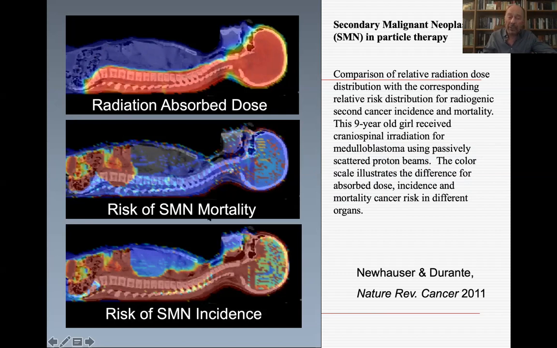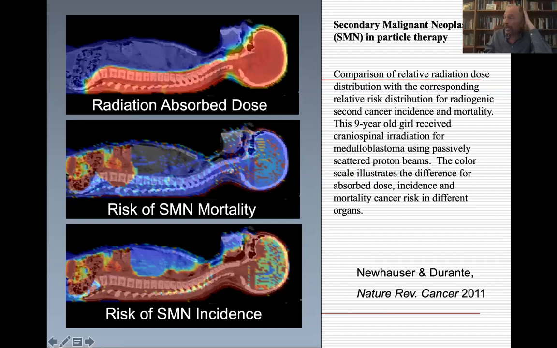Now you can calculate the risk of second malignant neoplasia mortality and the risk of second malignant neoplasia incidence from this, using a Monte Carlo simulation that also gives you the dose caused by neutrons. At that time at MD Anderson, they were not using scattering. They were producing the spread-out Bragg peak using a modulator, so you produce a lot of neutrons.